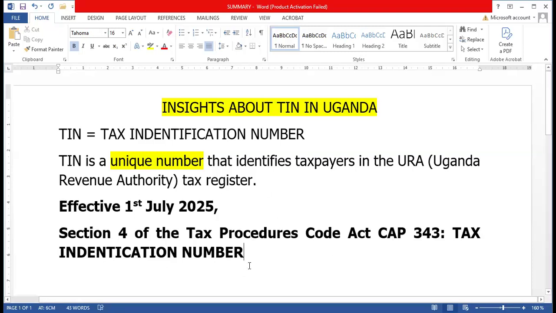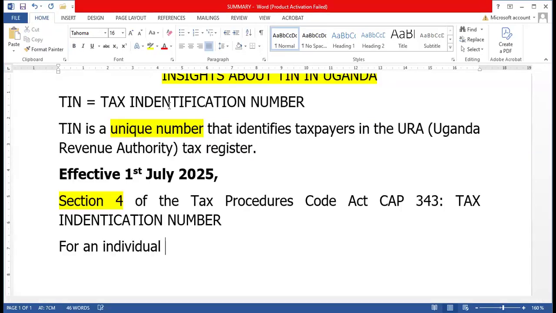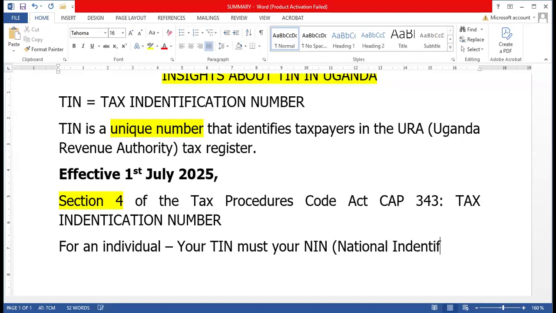This was enacted effective 1st July 2025. For an individual, your TIN must be your NIN, that is National Identification Number.